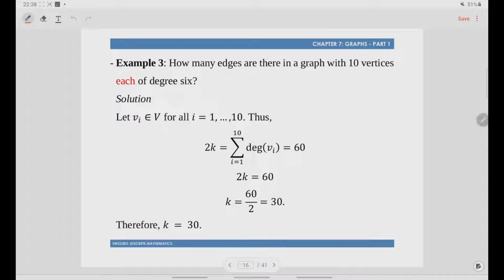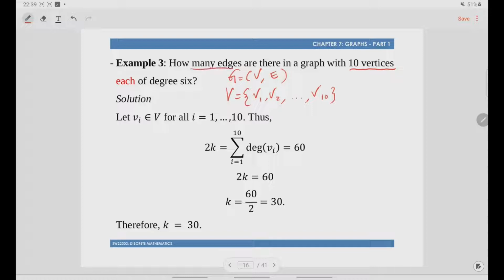We have a graph G with sets V and E, as usual, where the set V contains 10 vertices. So we have V1, V2, all the way up to V10. The question asks how many edges?